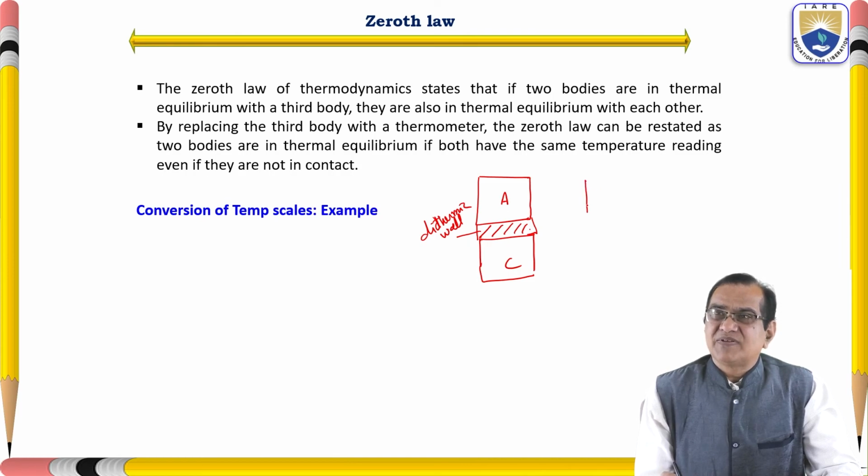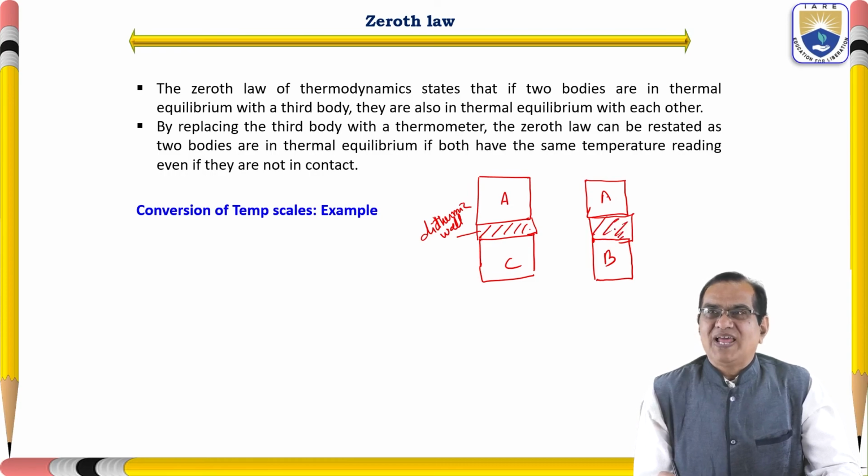And another system, if I see here, A and here is B, they are also in the same condition. So what will happen? AC, AB. So B and C will also be in thermal equilibrium.